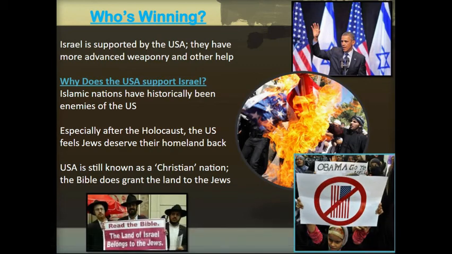All right. So here's where the United States comes in. So I've said before, we have the second largest Jewish population in the world, second only to Israel.